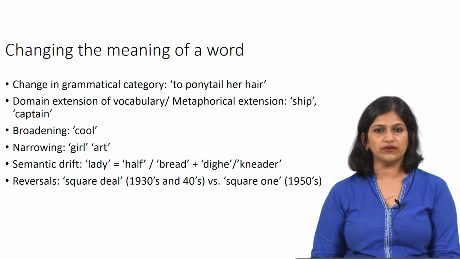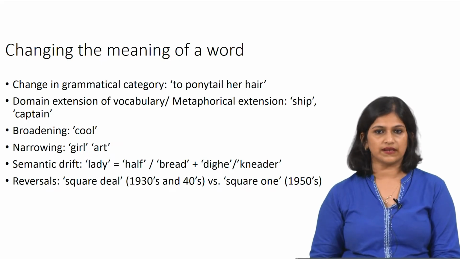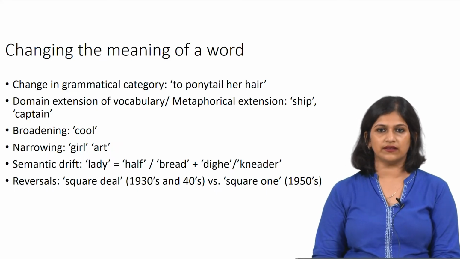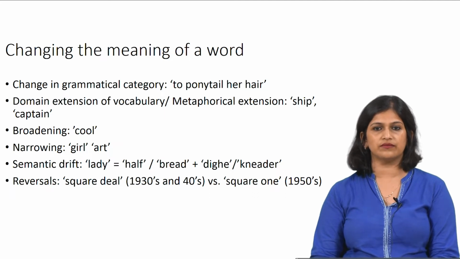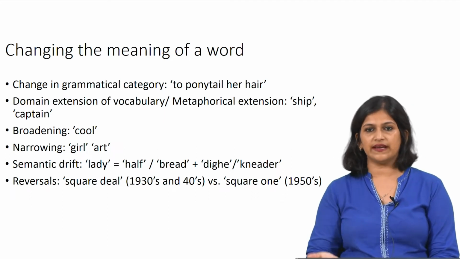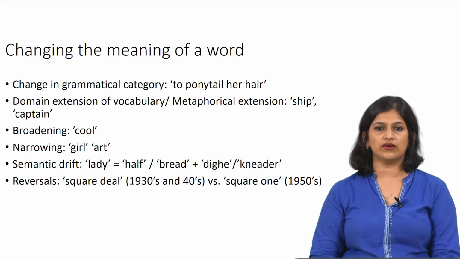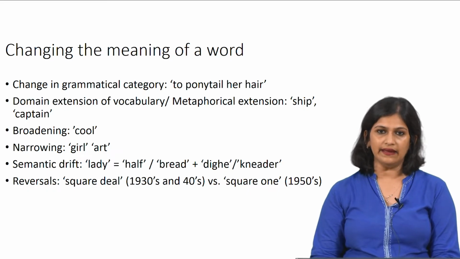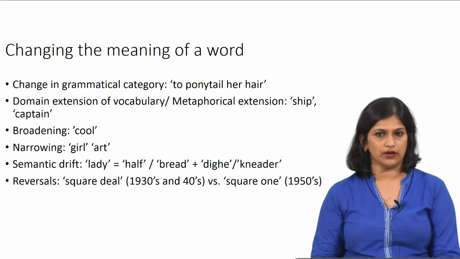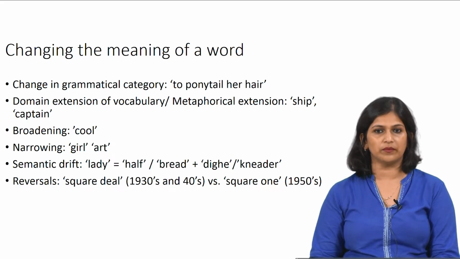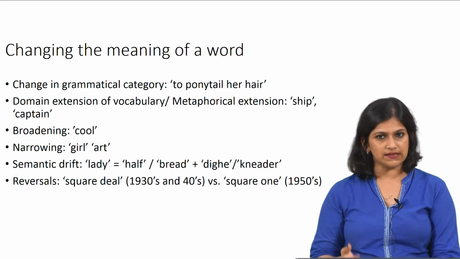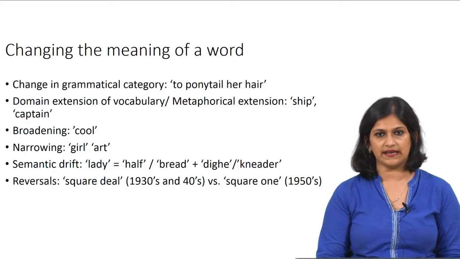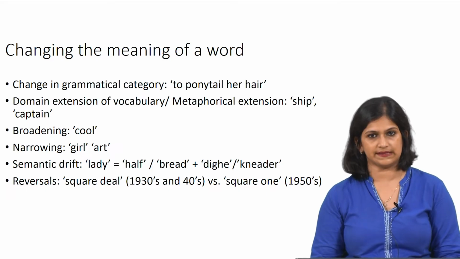We do not really use it as an infinitival phrase or a verbal phrase. Since by default the basic use of ponytail is a noun, but when we extend it to use it as a verb, the grammatical category changes. So, when I say I ponytailed my daughter's hair, you are using it as a verb. This is not a very common phenomenon in the English lexicon, but this is also part of neologism, because ponytail as a unit has changed its grammatical category in recent days.